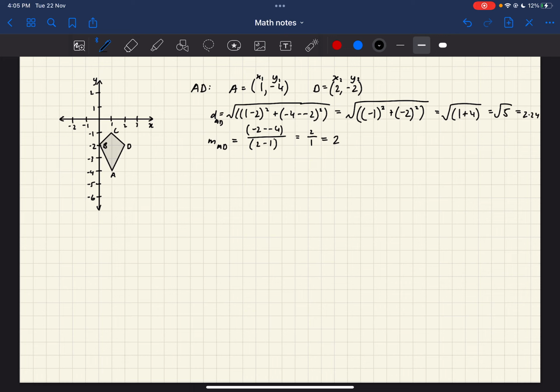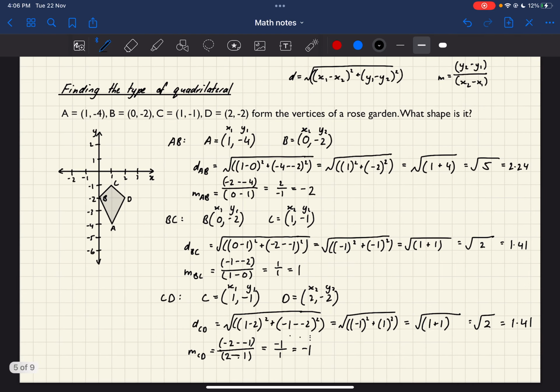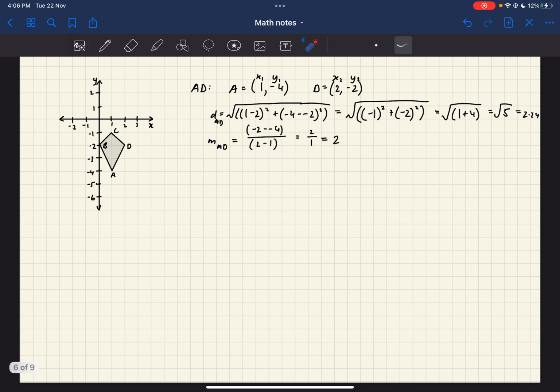Now that we've got all those, we need to prove which lines are perpendicular to each other and which angles are the same and which are parallel as well. So if we look at our gradients, we have a gradient of -2, a gradient of 1, a gradient of -1, and a gradient of 2.